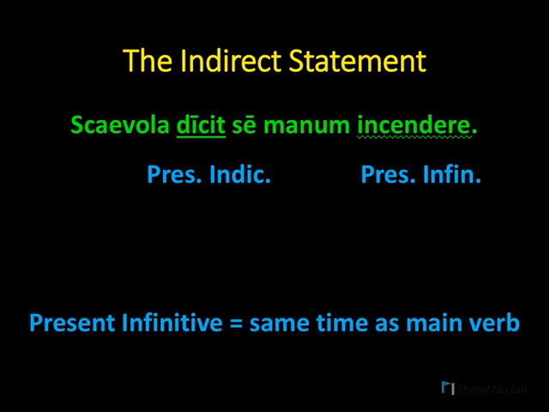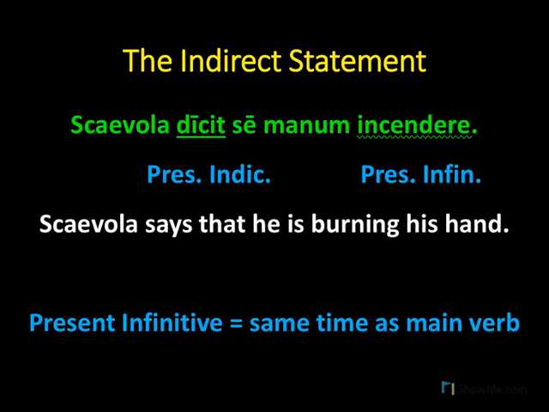And so recall that the present infinitive denotes an action of the indirect statement that goes on at the same time as the main verb. So here we'll translate this as, Scaevola says that he is burning his hand. The action of the burning, using a present tense infinitive, goes on at the same time as the action of saying.